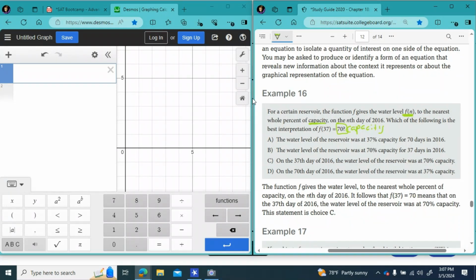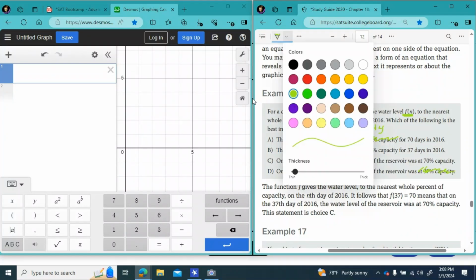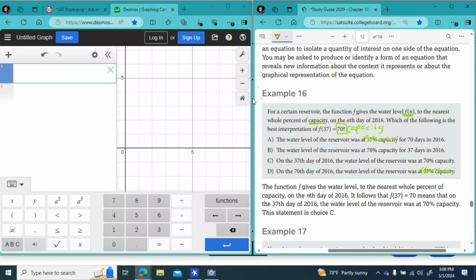And now I'm going to go to the answer choices. And it's not 37% capacity, so that's out. And that's out. And now the next piece of information I'm looking at says that on the nth day, right? So this would be f of n.